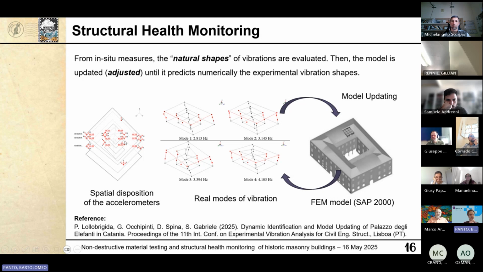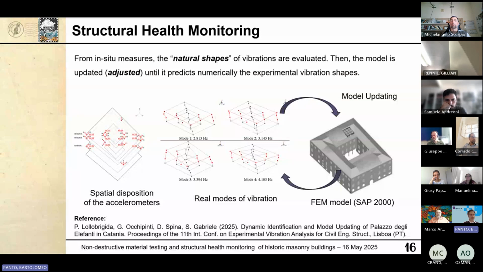And it's important to consider the extension of the building, because generally the behavior of one part of the building compared to the other could be totally different, mainly in historic structures. And the result of our elaboration of these accelerations provided by the accelerometers is what we call the shape of vibration.